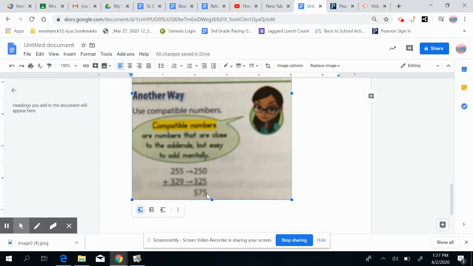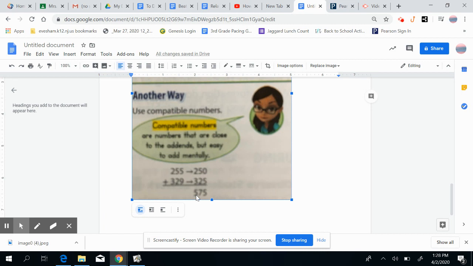Then their answer is 575. When we're using compatible numbers, we're not necessarily rounding to the nearest 10 or 100. We're just finding a number around the same area that would make our addition or subtraction problem easier.